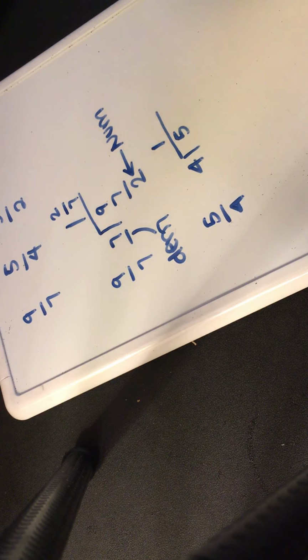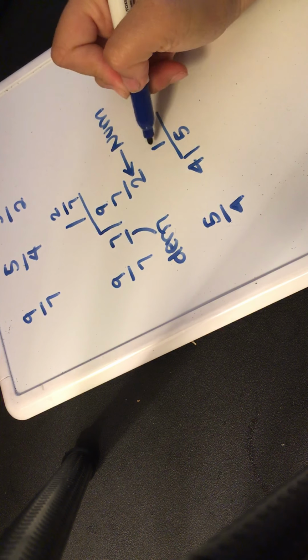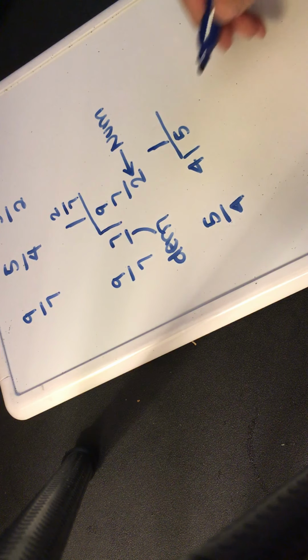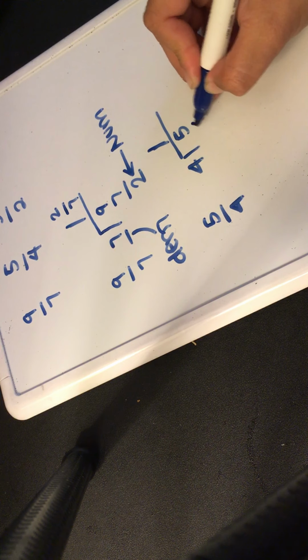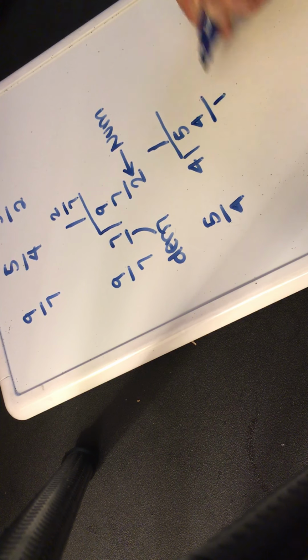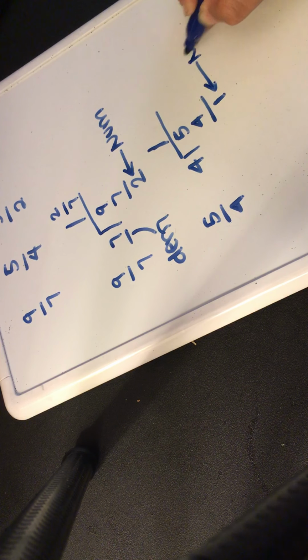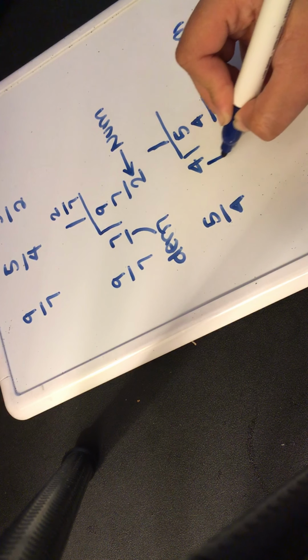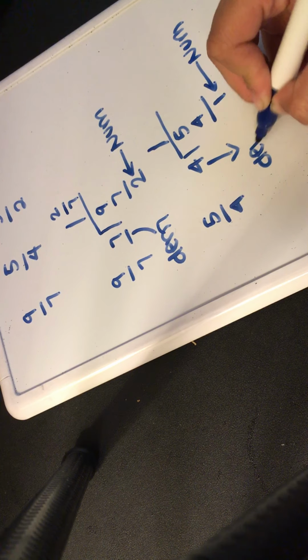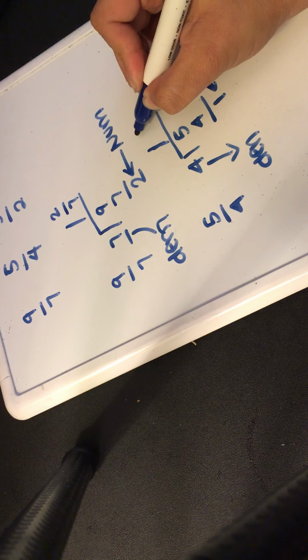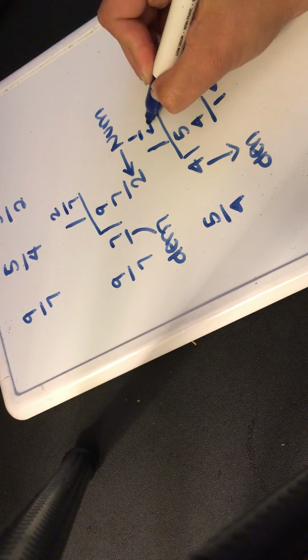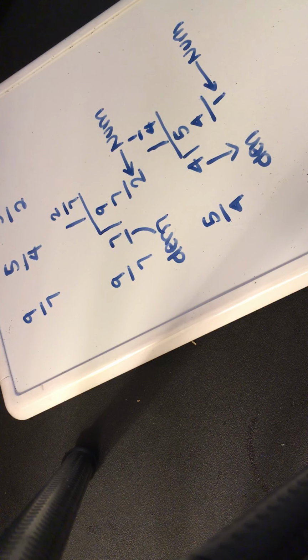It's 1, and that becomes your whole number. 4 times 1 is 4, and if you subtract, it will be 1. 1 will become your numerator, and your 4 will become your denominator. So it'll be 1 and 1/4.